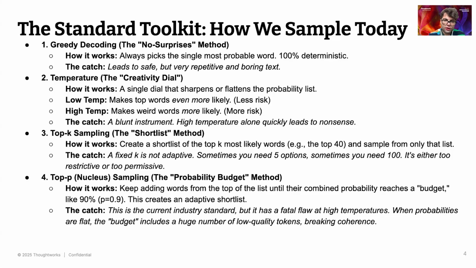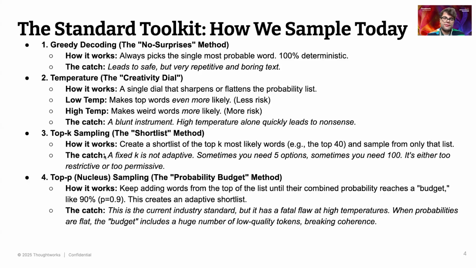In particular, you might have heard of phrases like temperature, top K, and top P, but pretty much unless you're in that world of building Gen AI apps, you've probably never heard of these. But they are at the heart of how models generate at every time step the next word, the next token. So I already talked about greedy decoding, and again, I mentioned that this is still used in the real world for reasoning tasks, but is considered the baseline and the most uninteresting technique.